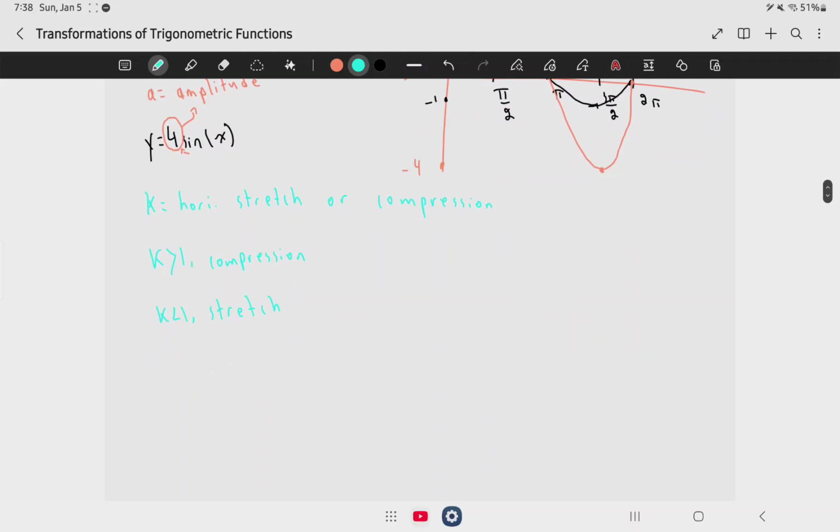So if I had a graph, let's say, and then I had y is equal to, let's just do base stuff, so let's do sine of 2x.